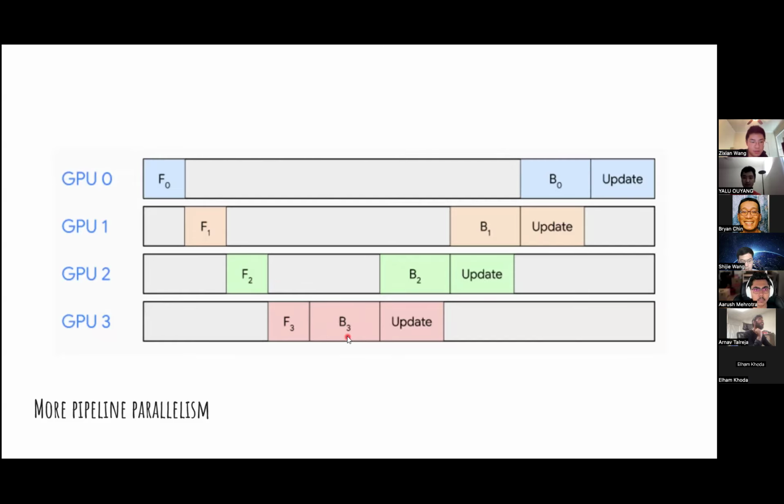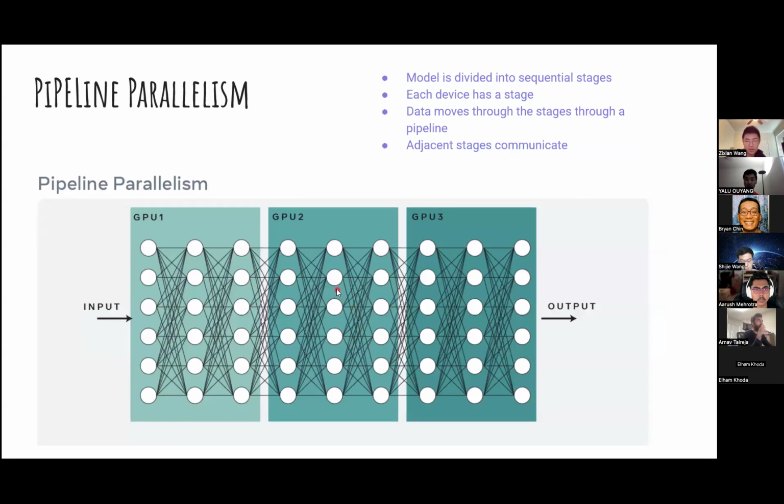That is an excellent question. The reason we use pipelining is because it's very likely that we will not have enough memory to store the entire neural network on a single GPU. You can see right here, suppose the GPU 1 can only store like 18 different nodes.